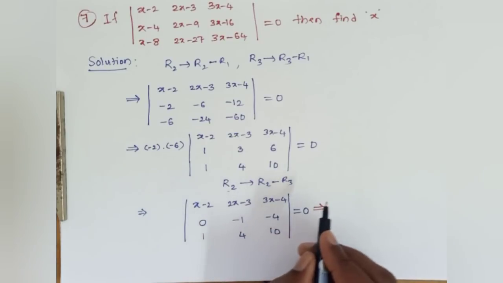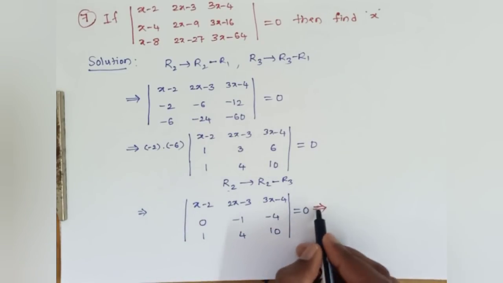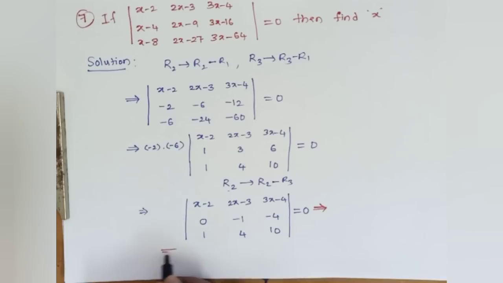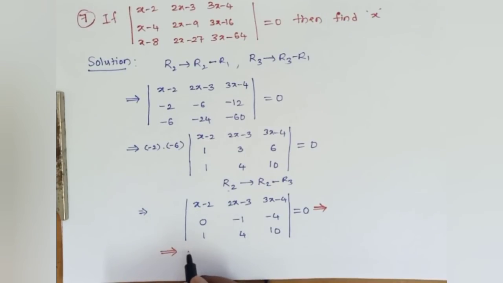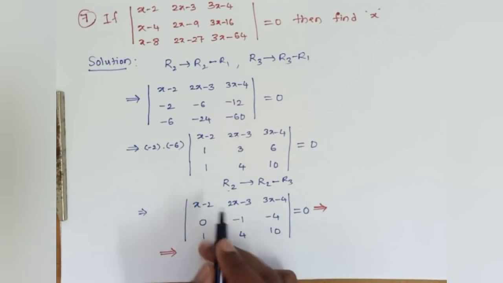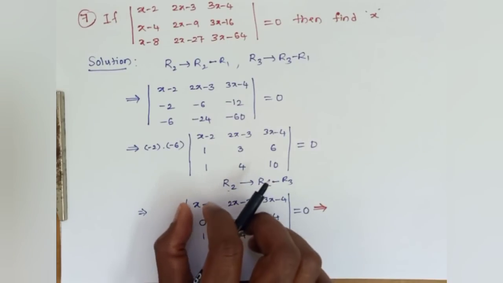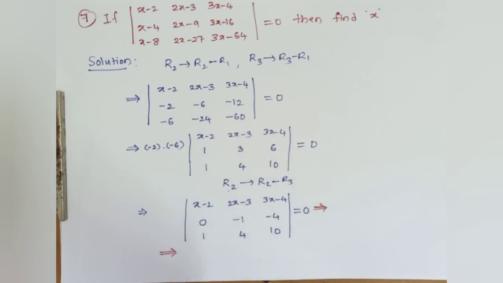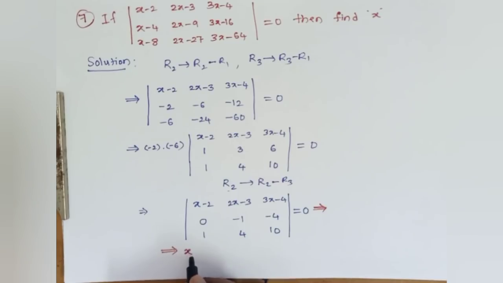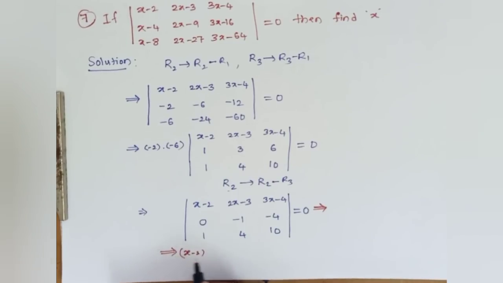Now here I am expanding along the column. Expand x minus 2. The signs are plus, minus, plus. So x minus 2 into the cofactor of this, by deleting this row and this column, then this is minus 1, minus 4, 4, 10.